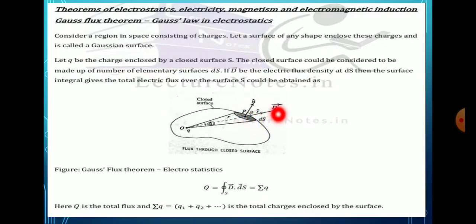If D bar is the flux density at ds, then it can be shown that the electrical flux over the entire closed surface S, D bar dot ds, equals the summation of Q, where Q is the charges q1, q2, and so on, inside the surface.